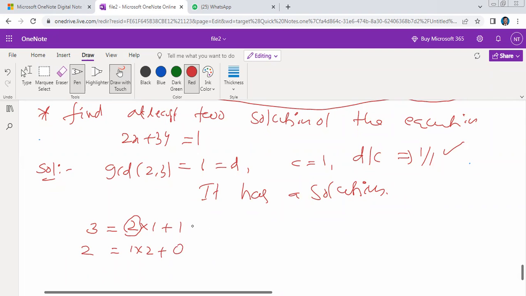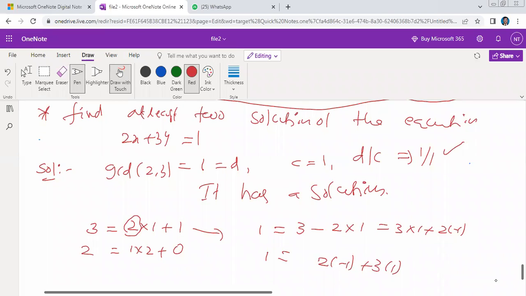Right? So now from this equation, 1 is equal to 3 minus 2 times 1. So 1 is equal to 2 into minus 1 plus 3 into 1.